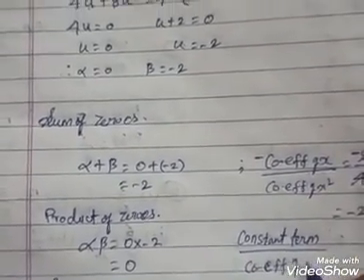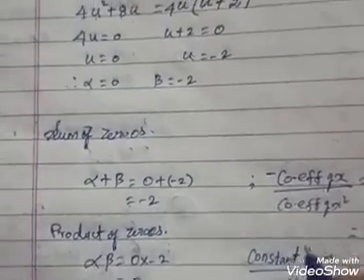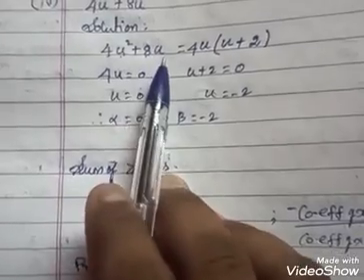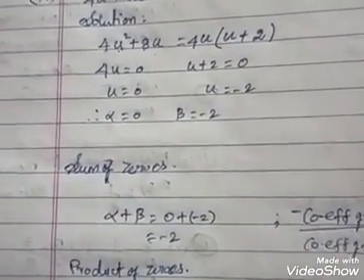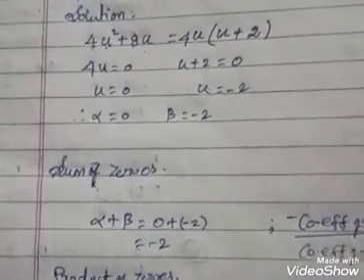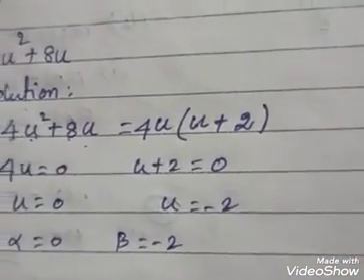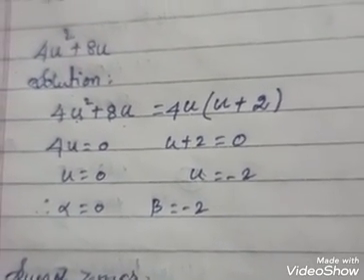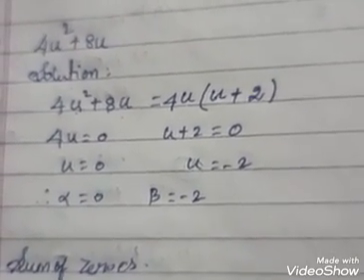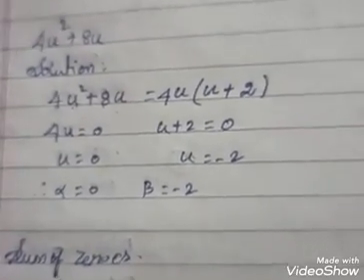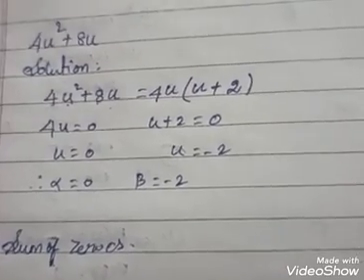the coefficient of x square. Here for the constant term, you see 4u square is there, 8u is there, but there is no constant term. So since there is no constant term, we take 0 as the constant. Here only two terms are there. One is the coefficient of u square, where the variable u is there, and 8u, where the variable u is there. So we say a constant is a number without a variable.